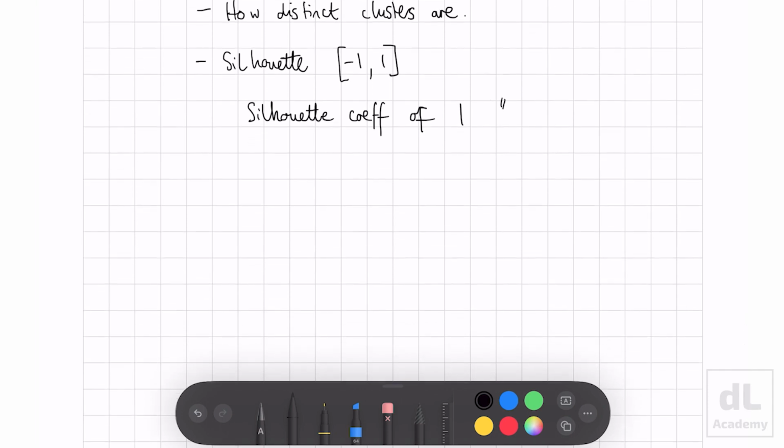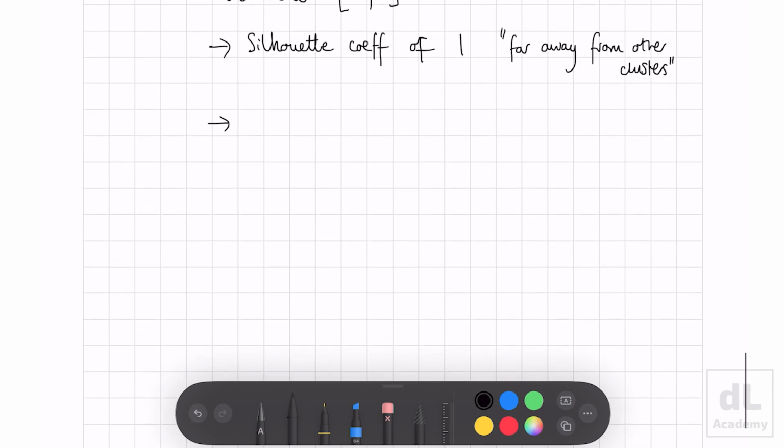So it's far away from other clusters. This indicates you're not uncertain, you're very clear that it should be assigned to that cluster.